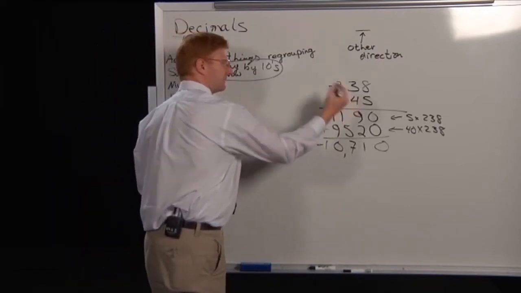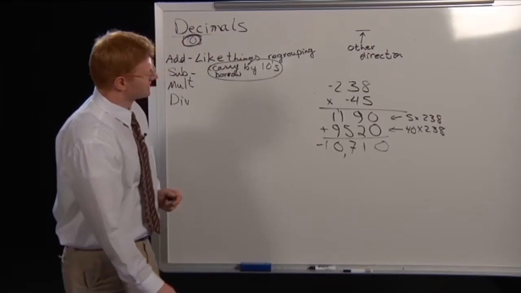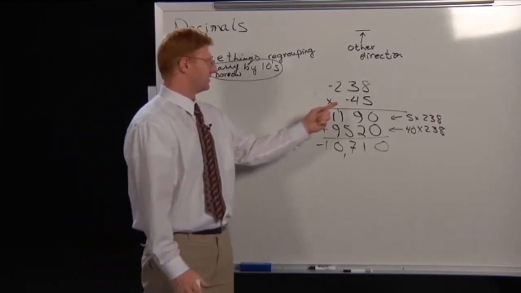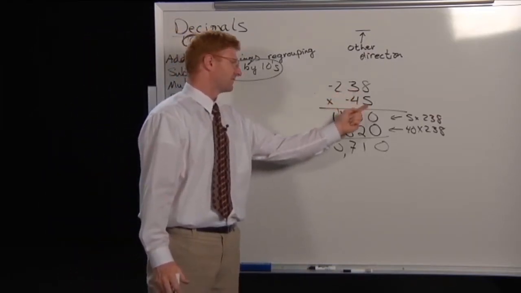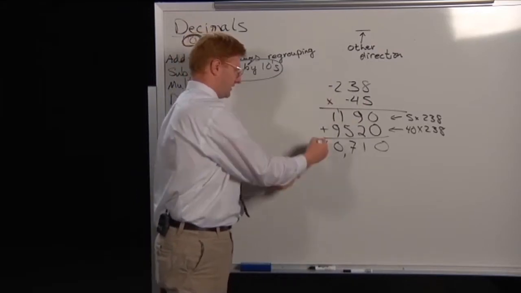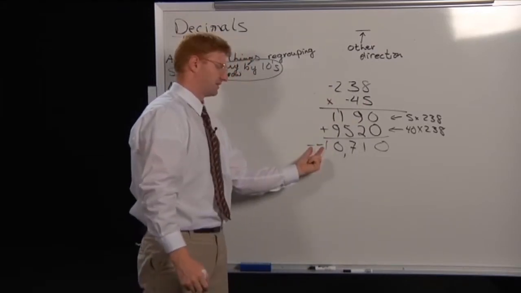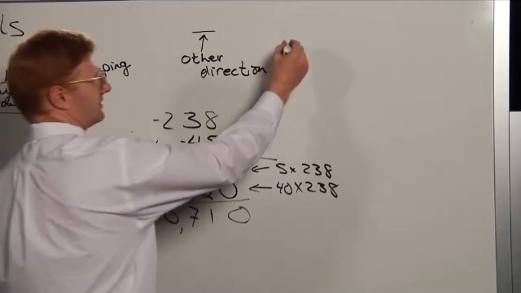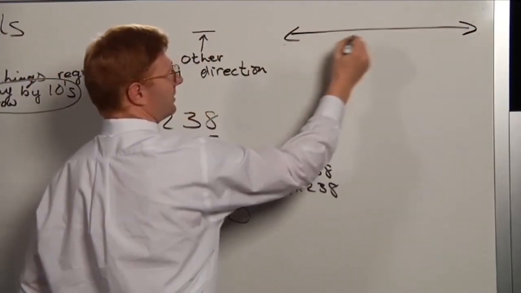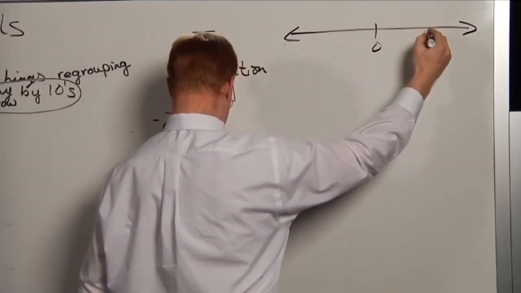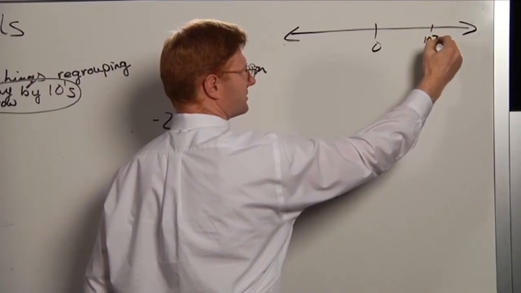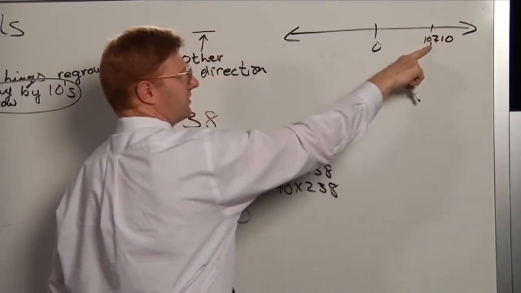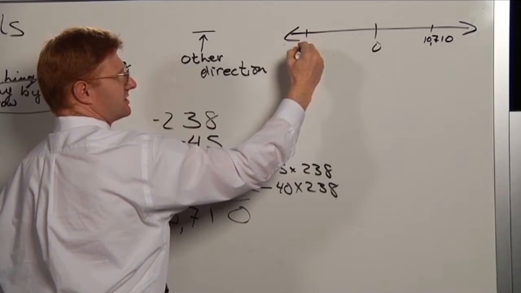If they were both negative, negative 238 times a negative 45, we're taking 238 times 45 in the opposite direction, in the opposite direction. Think about what happens on the number line. If we have a number up here, like 10,710, that going in the opposite direction is down here.